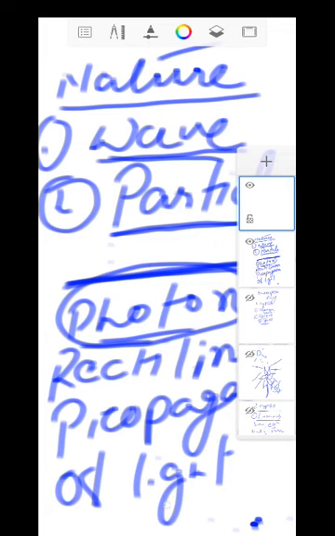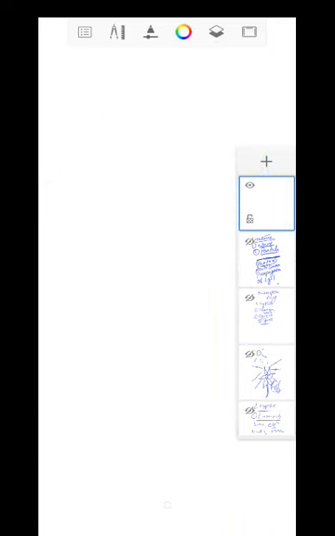This particle theory deals with some phenomena, and wave theory also deals with some phenomena. This means that these two theories do not show all the phenomena of light.